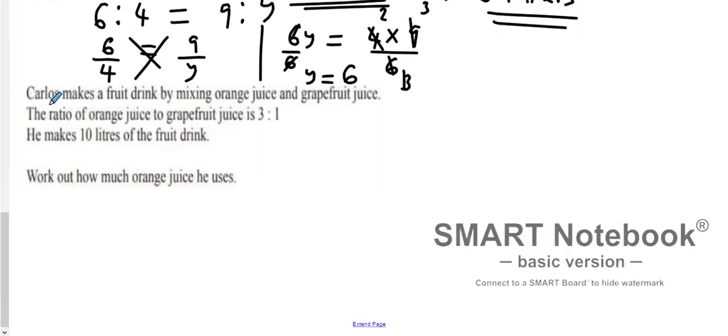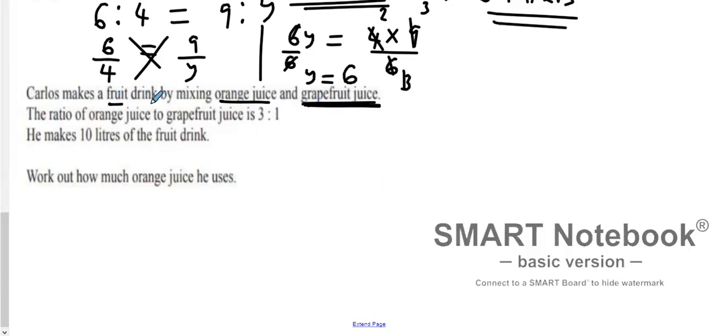This question says, Carlos makes a fruit drink by mixing orange juice and grapefruit. The question looks lengthy, but okay.